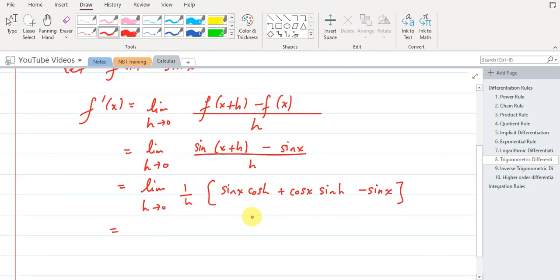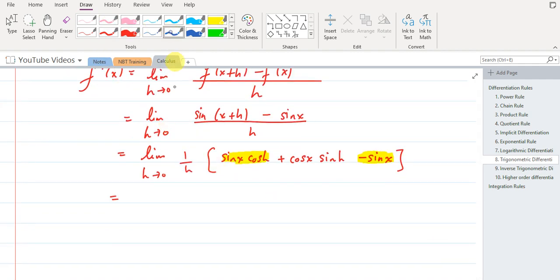We can see we've got sin x here and a sin x over here, so we take out sin x as a common factor and take the limit inside as well.